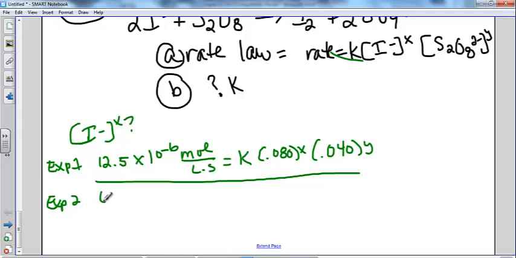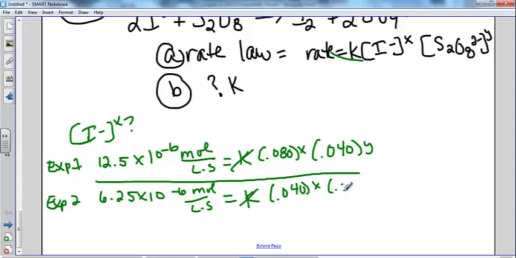So I'm going to have 6.25 times 10 to the negative 6th moles over liters times seconds. Then I'm going to have K, that's going to allow me to cross that right off, 0.040 to the X, 0.040 to the Y. So that's going to allow me to cross that right off.